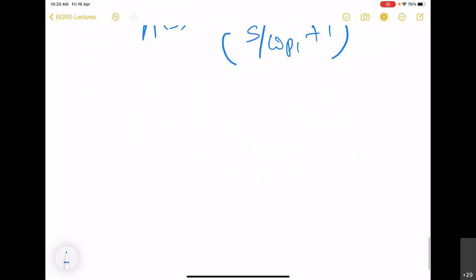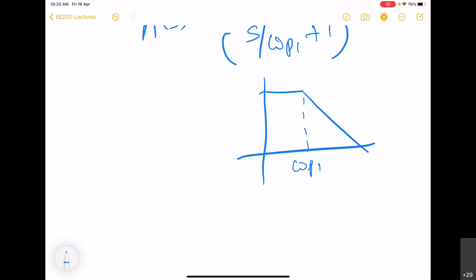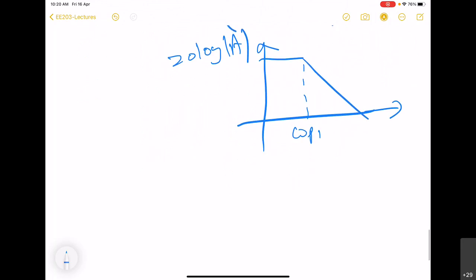So we can see that the transfer function is going to be like this. Here is omega P1, the pole, and the phase response for this case is going to be like this.